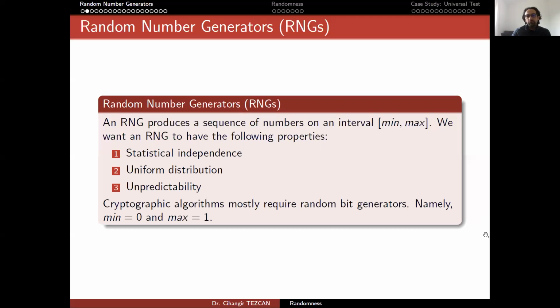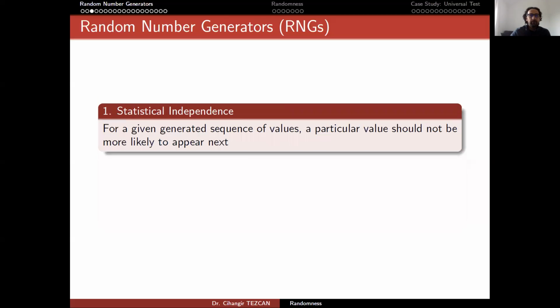Cryptographic algorithms mostly require random bits because most of the time we work on bits. So in other words, we choose minimum as 0 and maximum as 1, so you are producing integers. Most of the time, instead of random number generators, we will be talking about random bit generators, which can also be converted to a random number generator, because you can group the bits and convert them into numbers and so on and so forth.